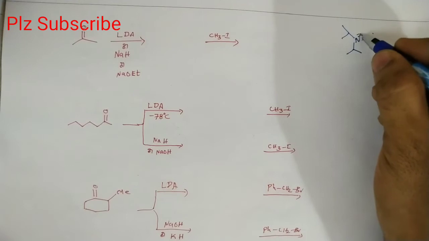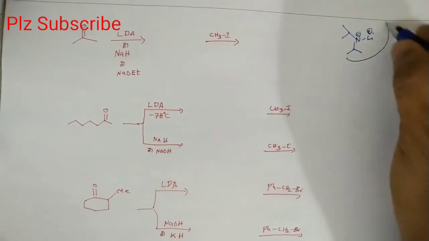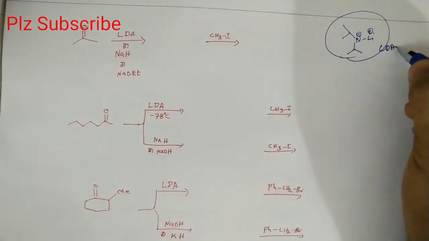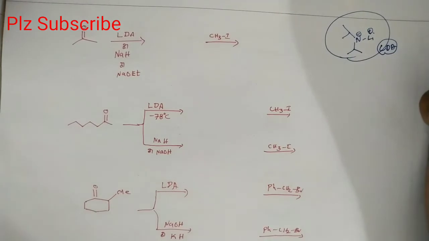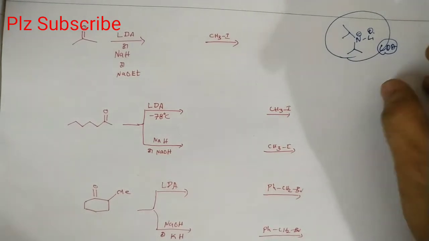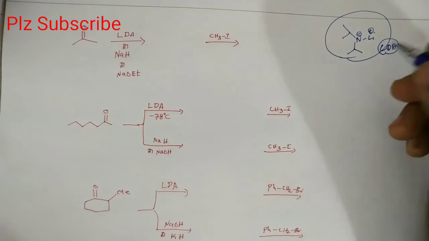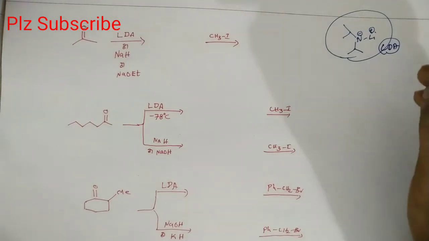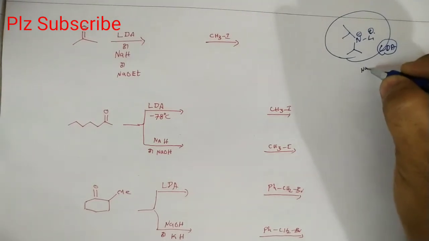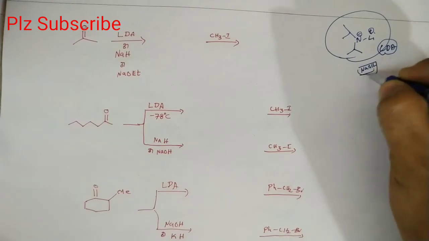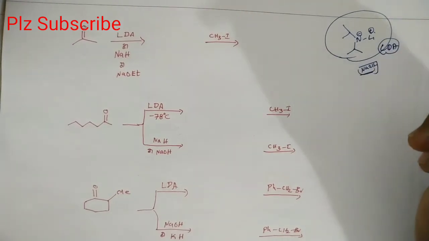This one carries a negative charge and this one carries a positive charge. This is LDA, lithium diisopropylamide. It is actually a strong base, and of course it is larger in size. Compared to NaOH, it is a strong base, and it is also larger in size.